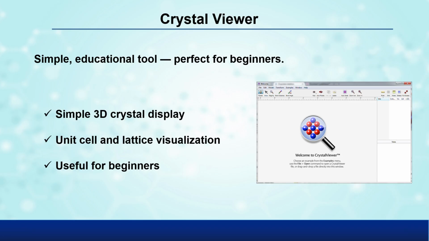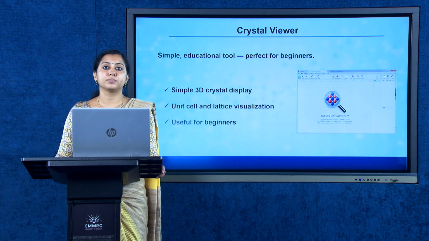It helps to view different crystal structures and is very suitable for undergraduate students. It is a simple 3D crystal display. We can see unit cells, different crystal systems, then lattice planes, etc., and it is very useful for beginners.